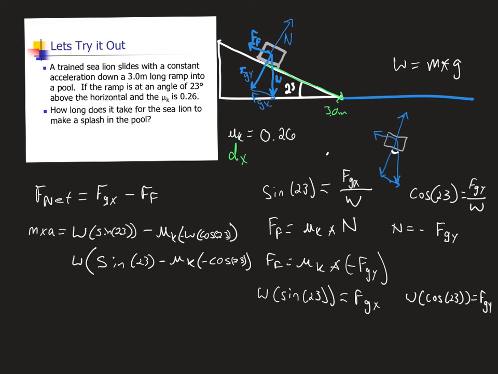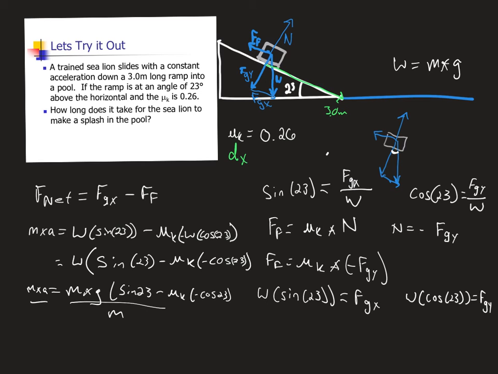If I distributed that, it should be right. Therefore, I only have to rewrite that once: mass times gravity times the sine of 23 minus mu sub k times the negative cosine of 23 is equal to mass times acceleration.